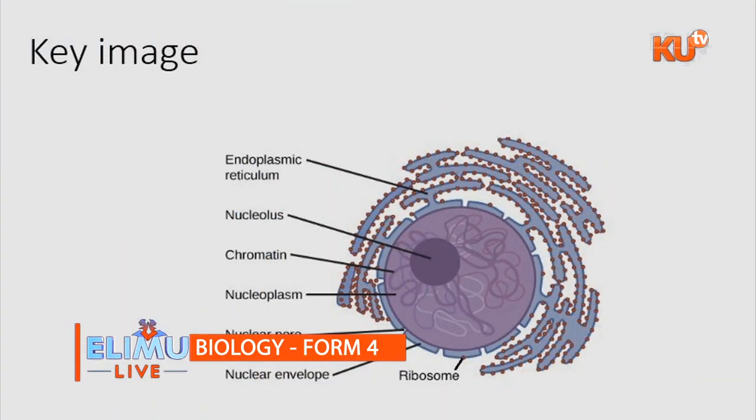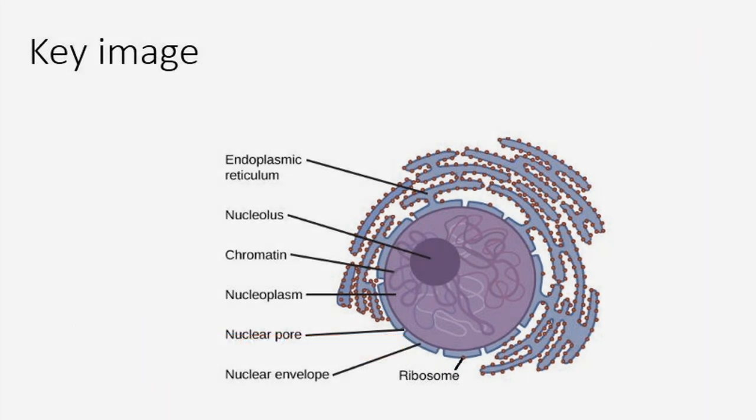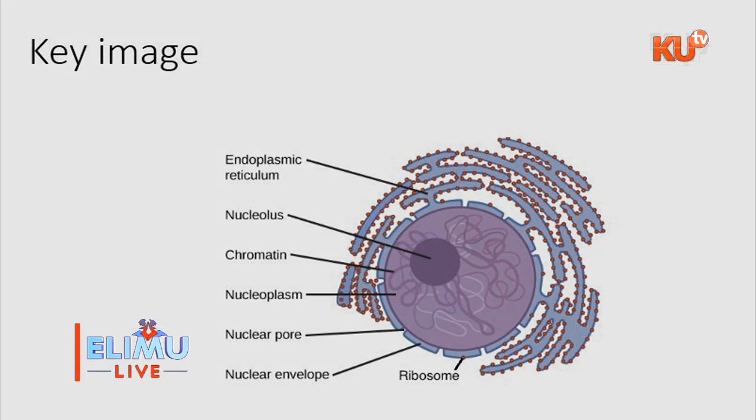It is projected on our screens, and I hope you're able to see where the endoplasmic reticulum is. We will talk about its functions, and we are also seeing the nucleolus. Going back to the endoplasmic reticulum, we have the smooth endoplasmic reticulum and the rough endoplasmic reticulum. The smooth endoplasmic reticulum does not have ribosomes.